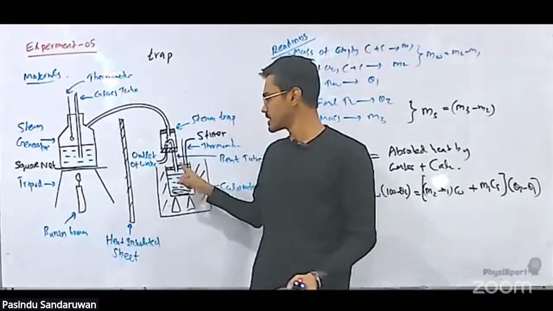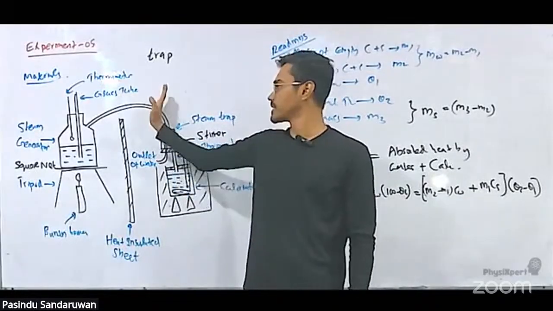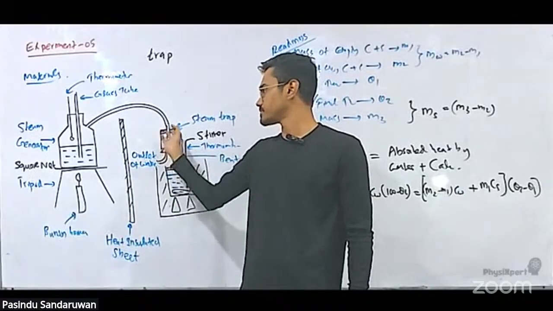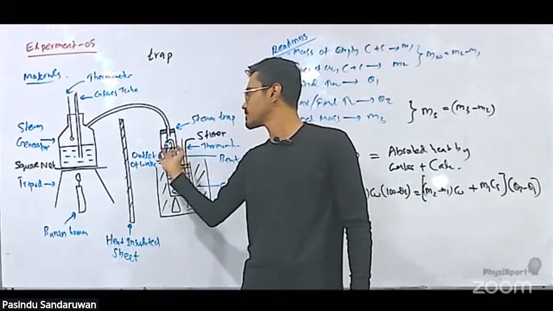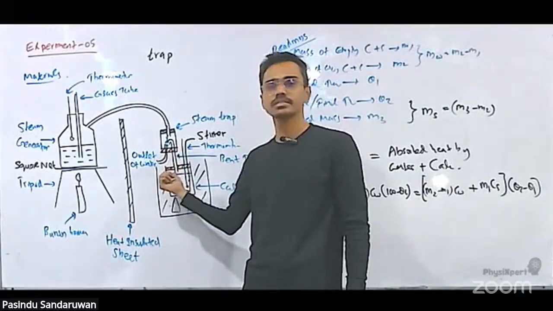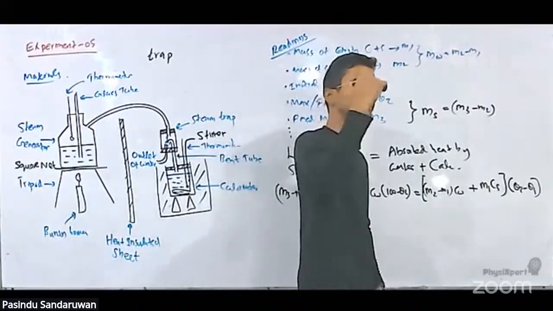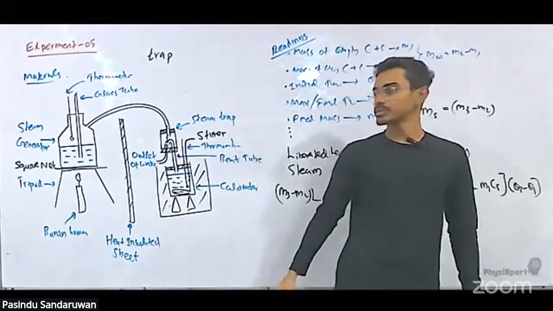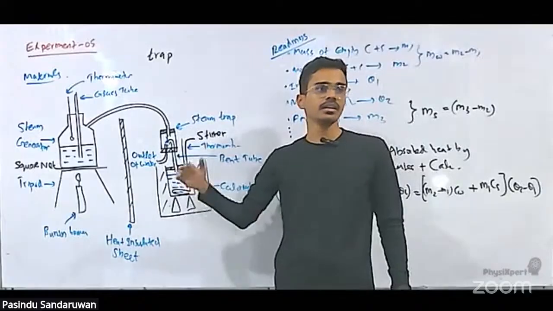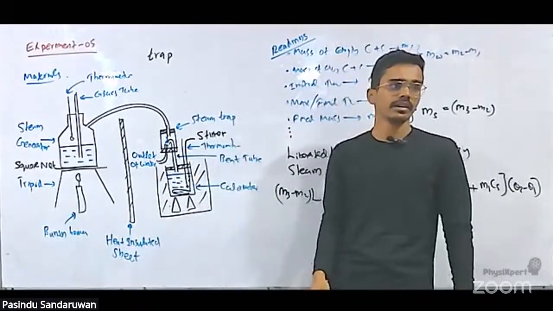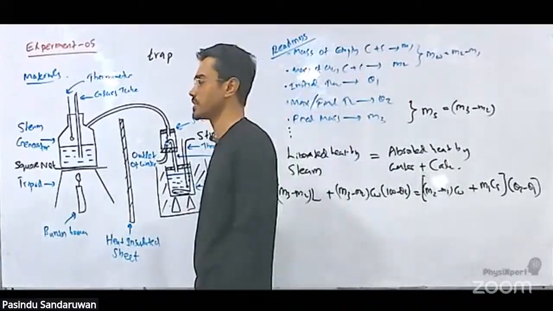When we remove it from the trap, there is steam that has not yet mixed, and it will increase the temperature by a bit. So you cannot take the reading as soon as you disconnect it. You have to wait until it rises to the maximum point and take the reading at that particular point. Right? Next point.